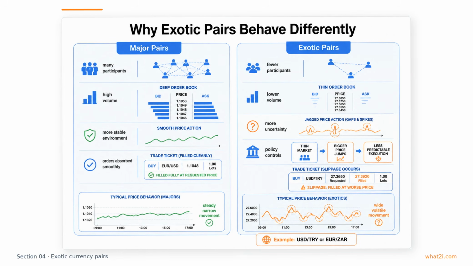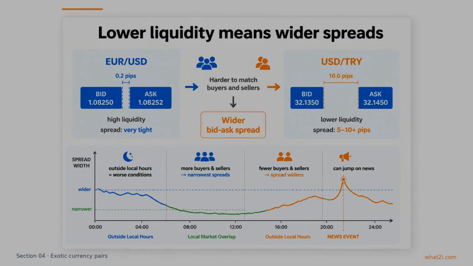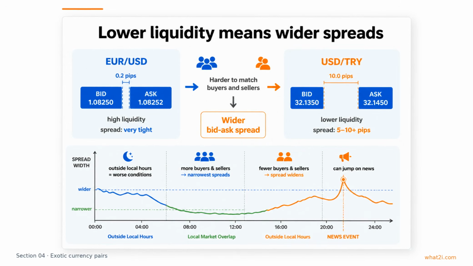In major pairs, deep markets can absorb a lot of order flow smoothly. In exotic pairs, thinner conditions mean the same kind of order flow may create a much larger reaction. The most important practical feature of exotic pairs is usually lower liquidity. When it is harder to match buyers and sellers, brokers and market makers typically quote wider bid-ask spreads.